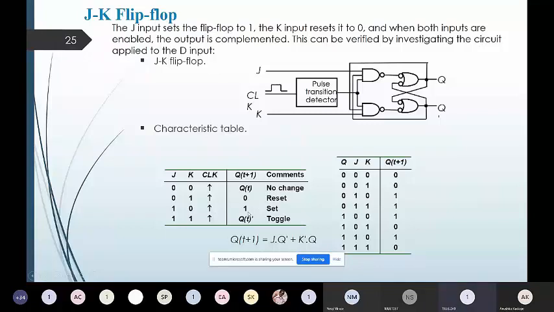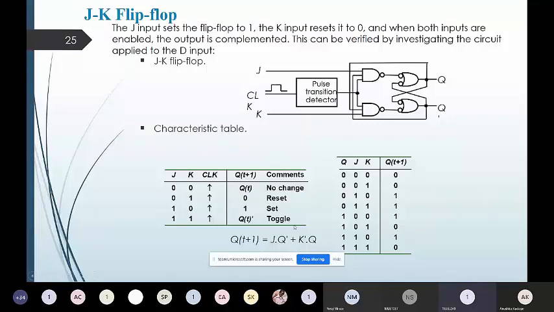Now, for the last input combination of J and K as 1, 1, you observe that it has been mentioned as Q(t) dash. That means it will continuously keep changing from 0 to 1 and 1 to 0 level. That's why this state is called the toggle state.